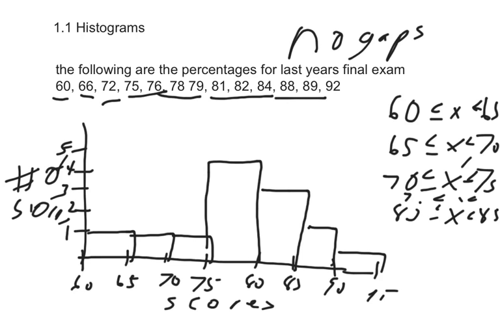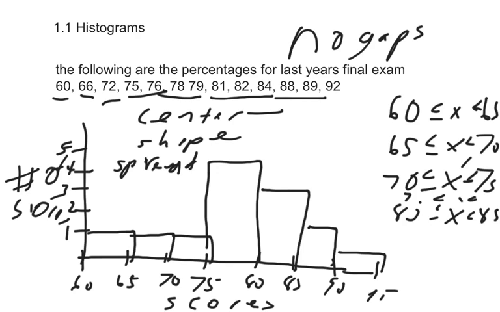Alright, we'll talk about a few things before we go on to another example. Whenever we're talking about distribution, we need 3 things. We need to figure out the center, the shape, and the spread. Now here, the center is somewhere around here.